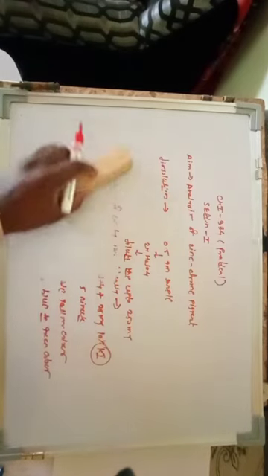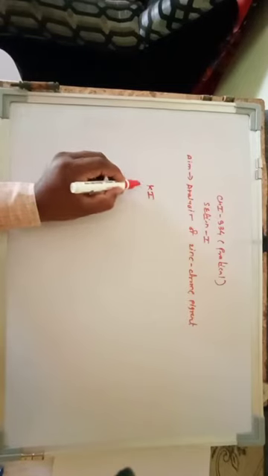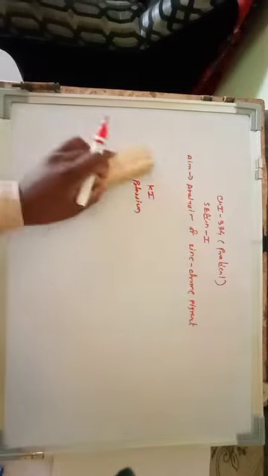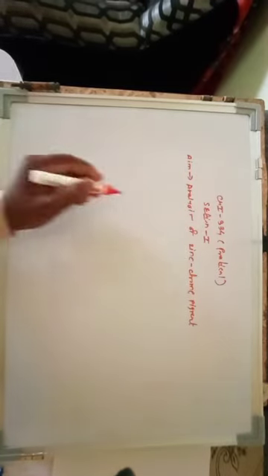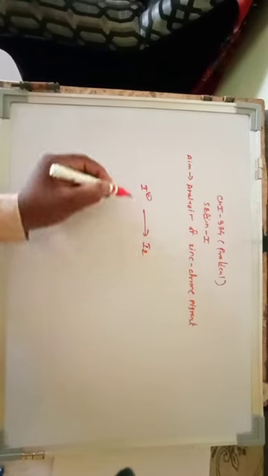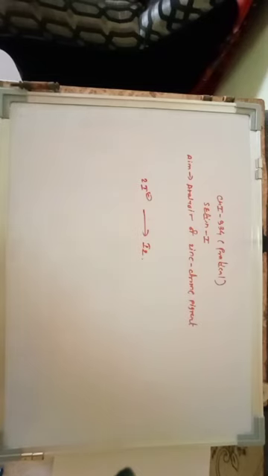So let us discuss some important points regarding this determination. That is, this KI, potassium iodide. We can consider only the iodide. This I minus is converted into I2. In I minus, the iodine has a -1 charge, and it converts into I2 in which the iodine has a zero oxidation state.